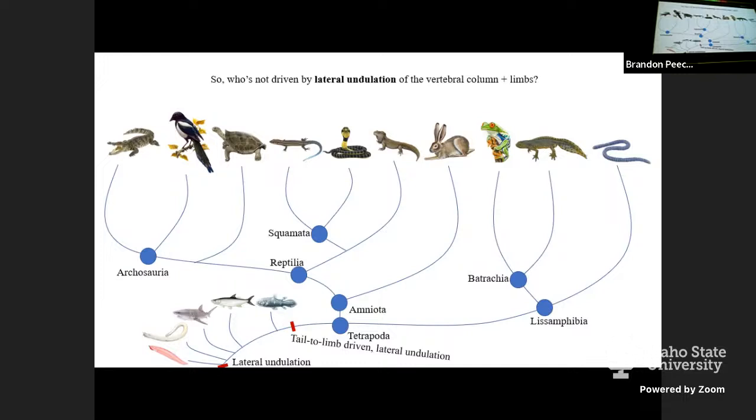Right, so which one of these are not lateral undulation by limbs? They're doing something completely different than that. Birds, who else? Turtles, who else? And frogs.